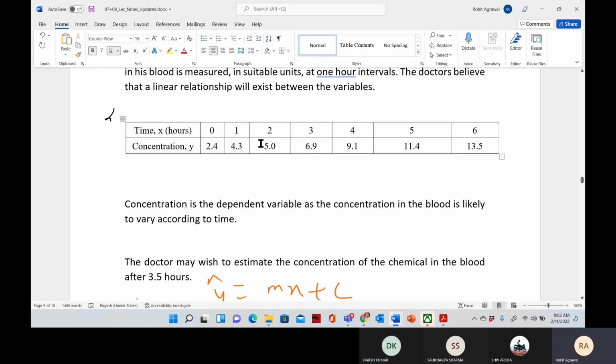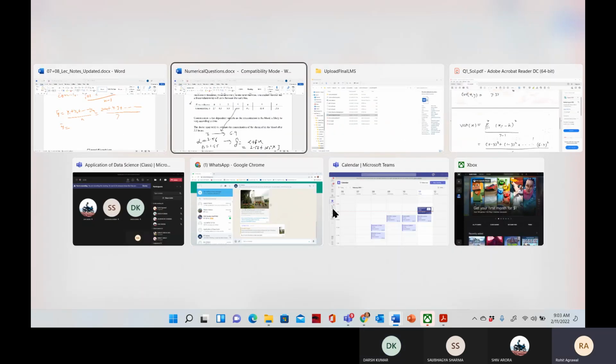Yeah, these are the y values. Just calculate. Sir, it's 7.5. Okay, let me cross check.